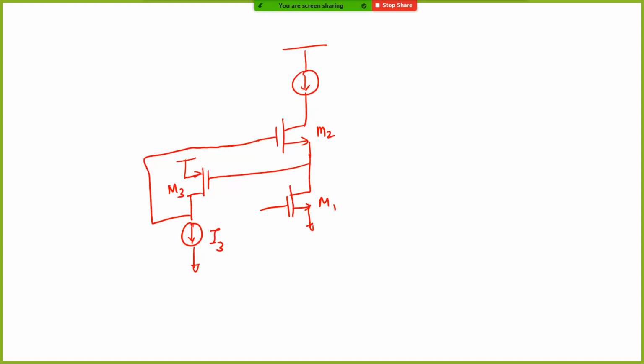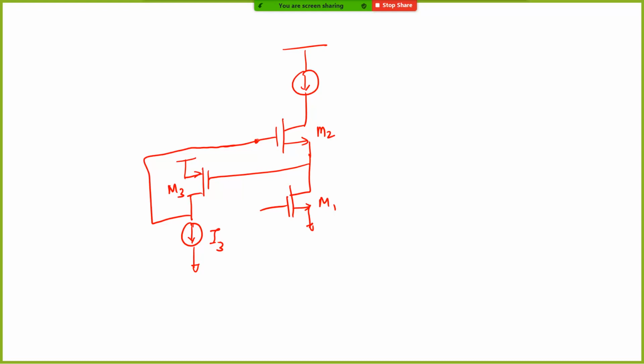Now if you put a PMOS transistor, of course, the gate to source voltage is very large. And because it is large, what happens is M3 can easily enter into the triode region.